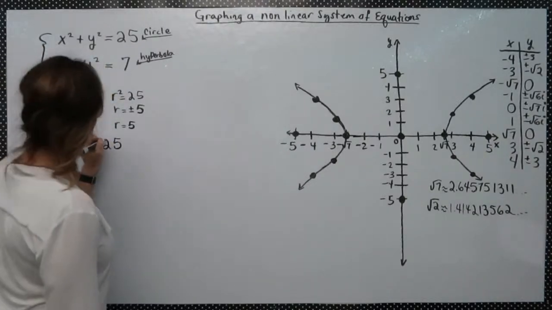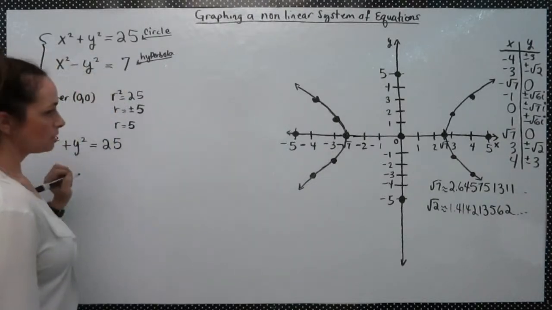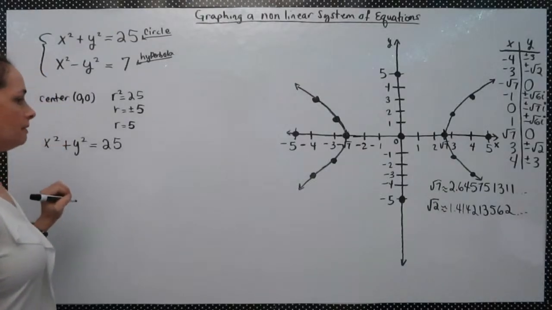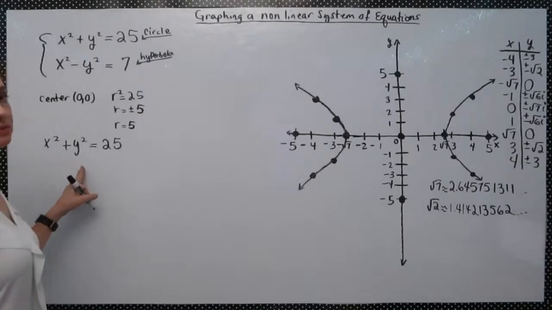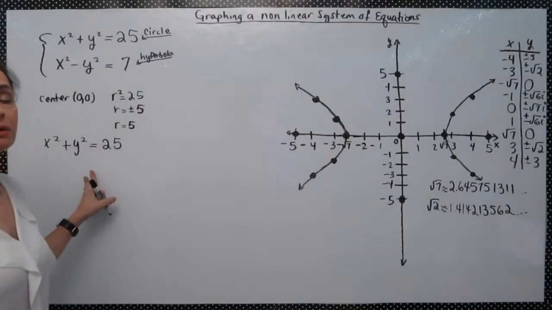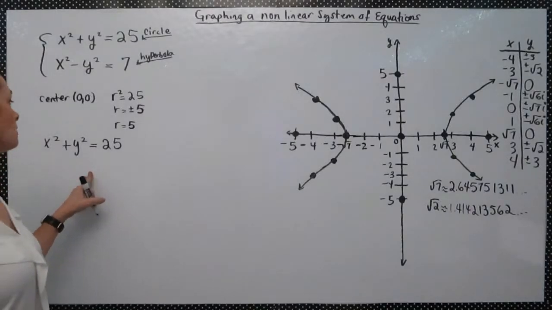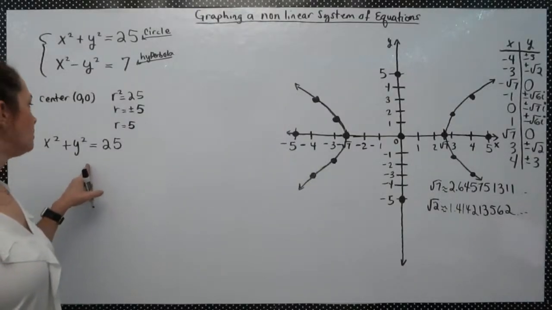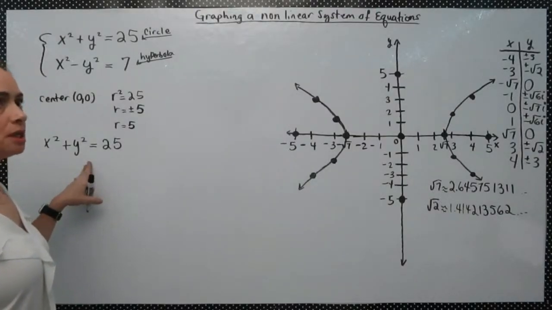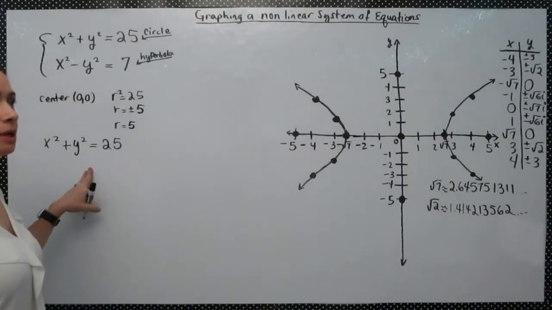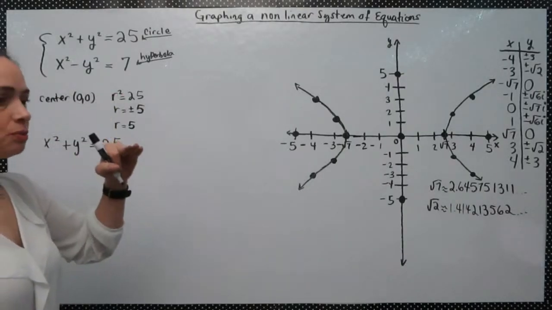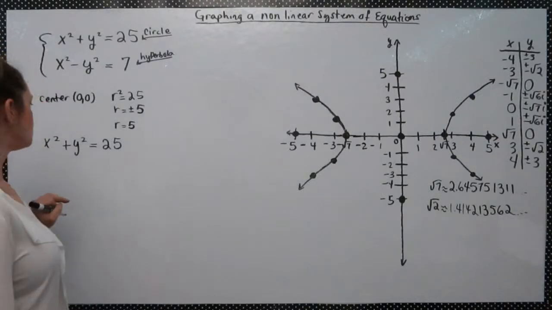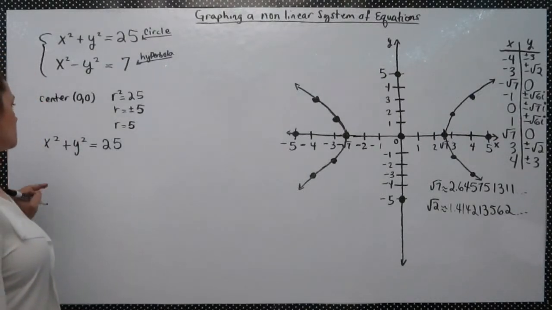And if I wanted to plug this into my graphing calculator and I didn't know anything about circular coordinates, then I could solve this for y and graph it regularly in parts. So if I did that, you're going to end up with a plus or minus radical, just like the previous hyperbola, and then you would just have to enter that in twice into your graphing calculator, and it would produce a pretty graph of your circle.